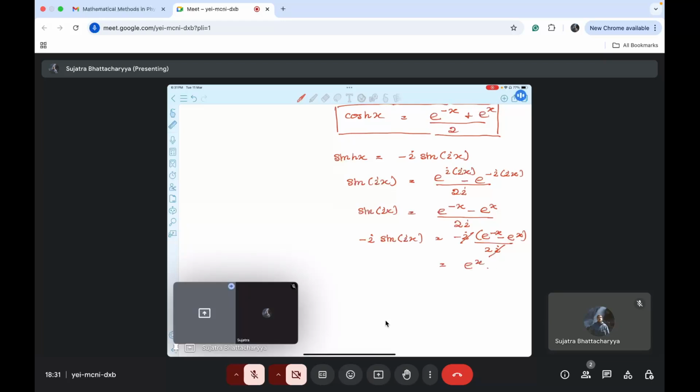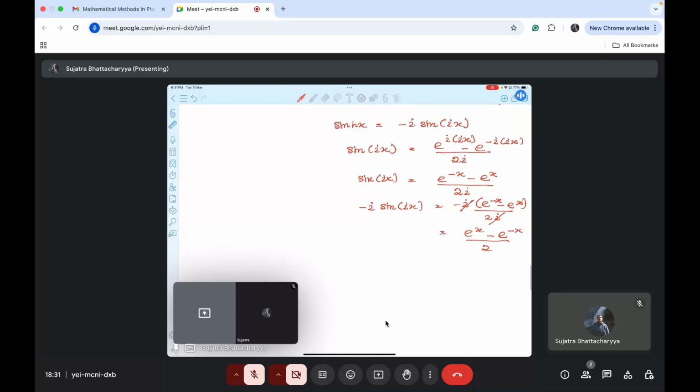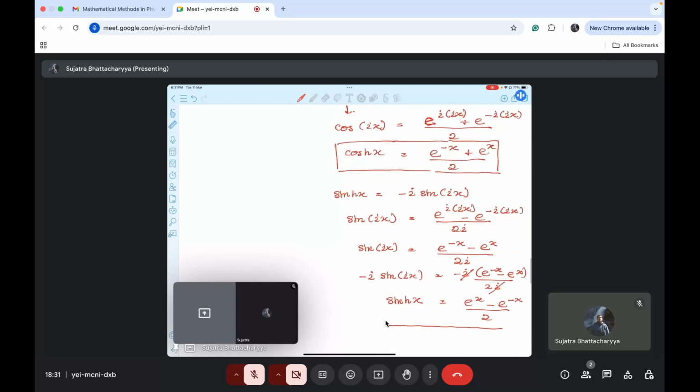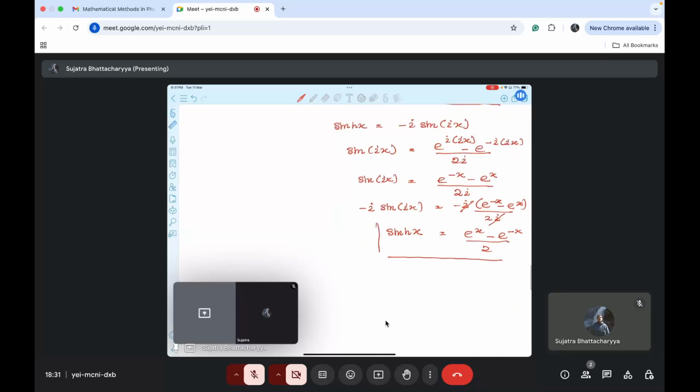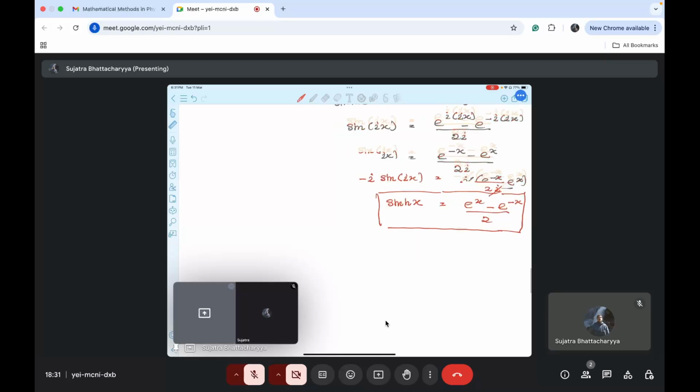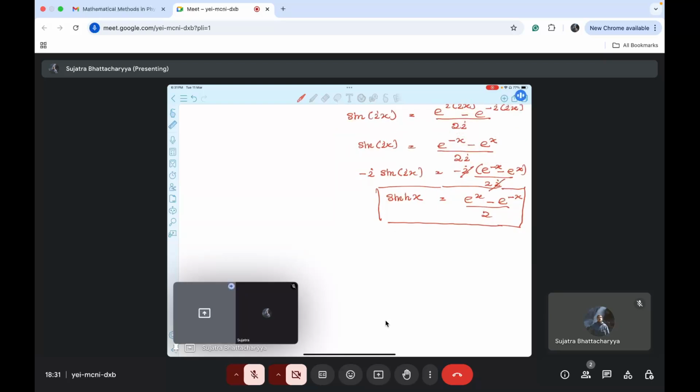So e to the power x minus e to the power minus x divided by 2. So this is your sine hyperbolic x, and this is your cos hyperbolic x. Simple definition compared to the actual function, right? So we will use this and try to find out the Laplace transform of the hyperbolic functions.